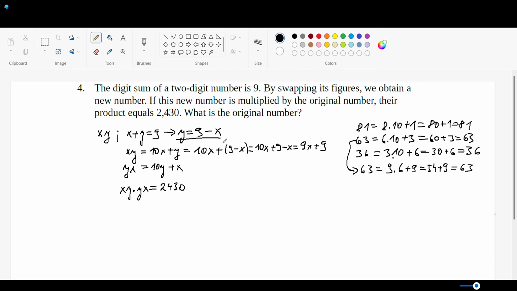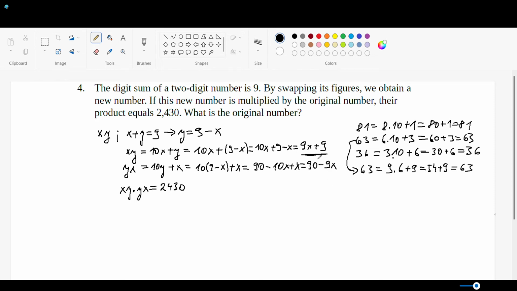And if we apply the substitution coming from the first equation to the second one, then my two-digit number with swapped digits can be written like 10 times 9 minus x plus x. If we simplify this expression, we will get 90 take away 10x plus x, and it equals 90 minus 9x.